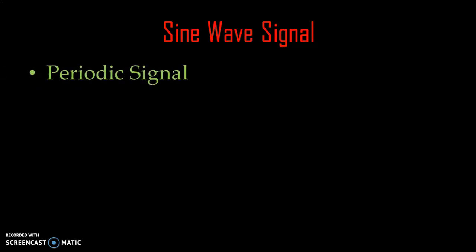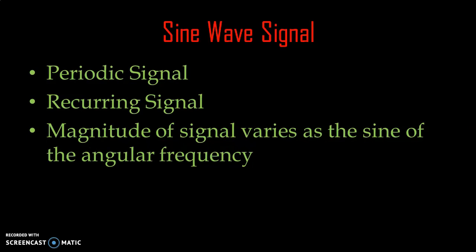Sine wave is a periodic signal, a recurring signal, because it is time variant, but it repeats with the time. Magnitude of signal varies as the sine of the angular frequency.